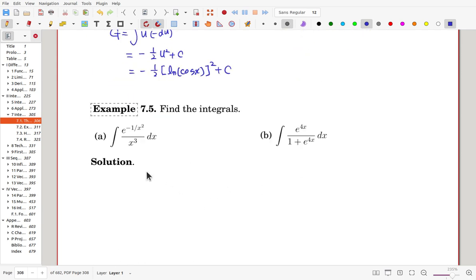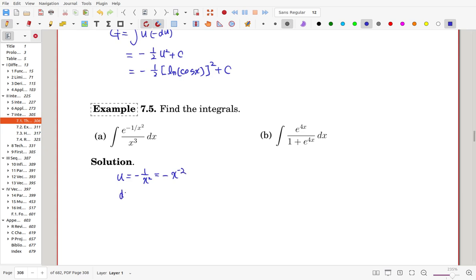Okay, for this one, you may think here u equals minus 1 over x squared, that is the same as minus x to the minus 2.